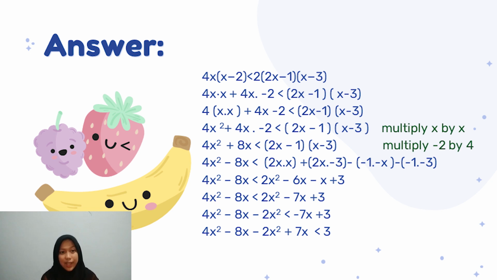And next step, subtract 2x squared from both sides of the inequality. And then x squared minus 8x minus 2x squared is less than minus 7x plus 3. And then add 7x to both sides of the inequality. And x squared minus 8x minus 2x squared plus 7x is less than 3.